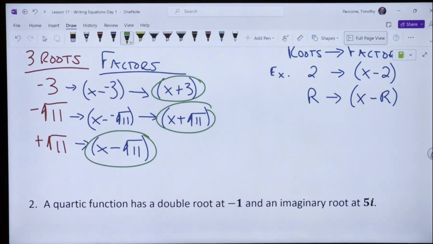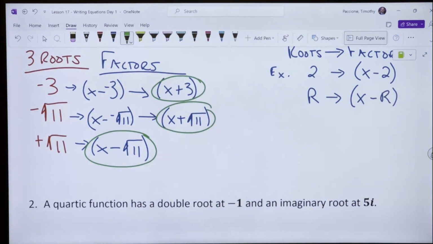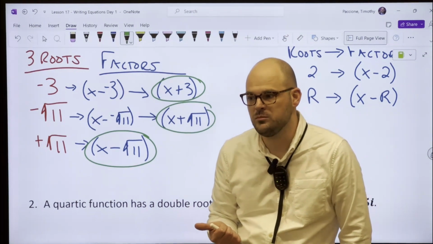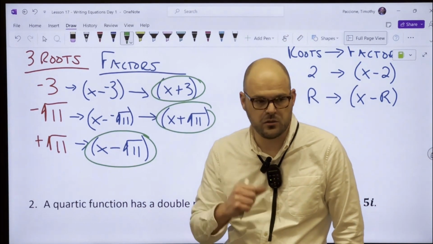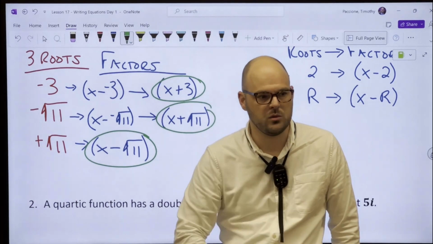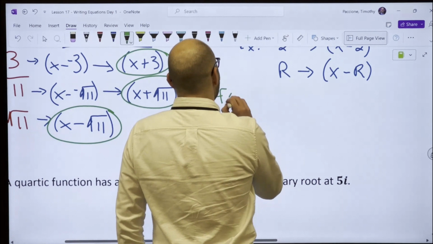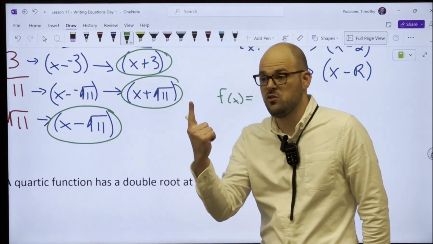Okay, so we took what we knew, roots, we turned them into factors. Remember, we want standard form, right, which we can't get to right away, but we can get a form. What form can we do right now? If I knew all three factors, I can do factored form, right? So let's start there. So I would say, okay, f of x equals, remember what factors are? They're just things that multiply to give you the bigger thing.